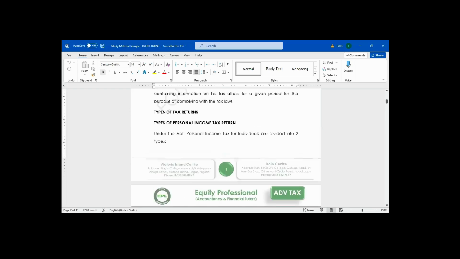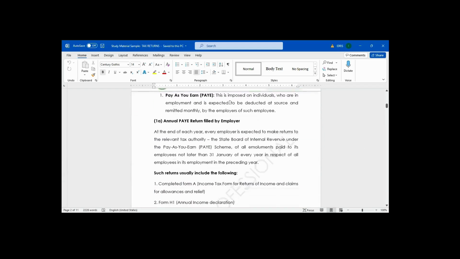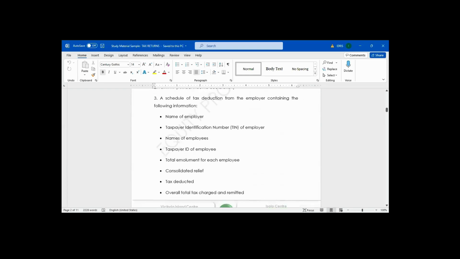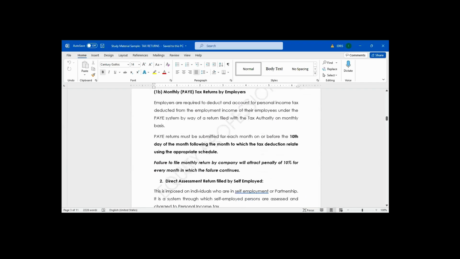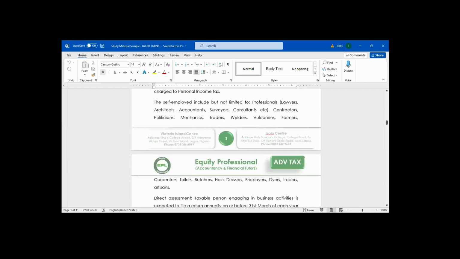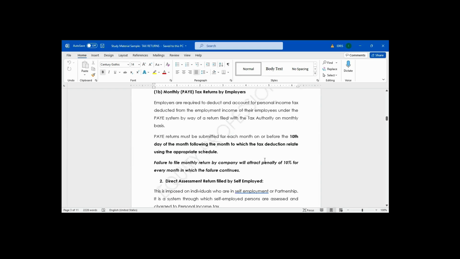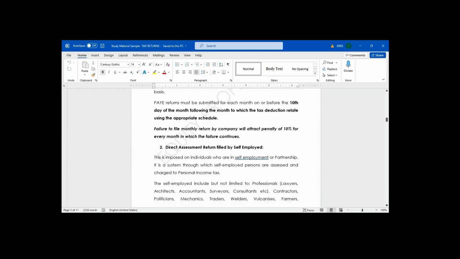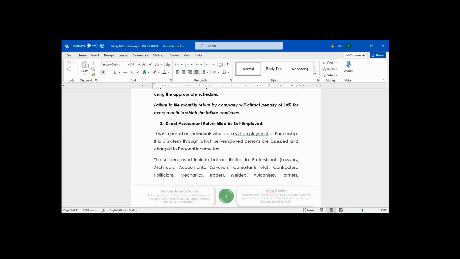We are talking of personal income tax return now. This personal income tax return, we divide it into two types. Payee return, which is annual and monthly. Number two personal income tax return that we have is direct assessment. This direct assessment is filed by who? Self-employed persons. Those who are not under employment, those who are not working for anybody.